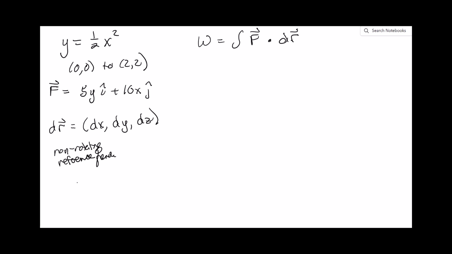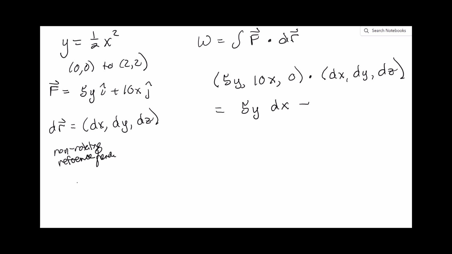Okay, so let me just look at the F dot dr part. So if I have 5y, 10x, and 0, and I'm dotting it with dx, dy, dz, I'll end up with 5y dx plus 10x dy plus 0 dz.